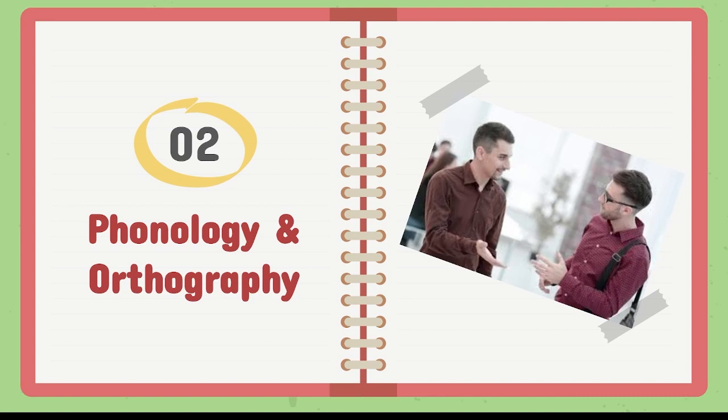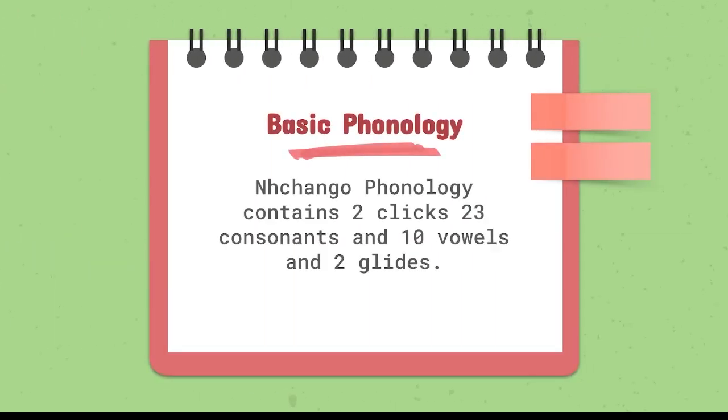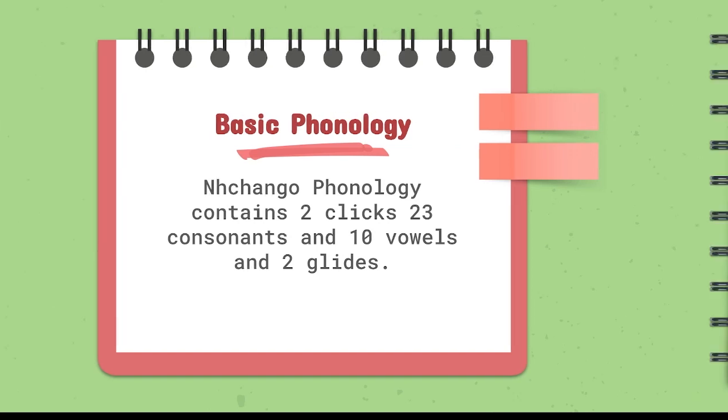Now let's go over the phonology and orthography of Nhchango. Nhchango phonology contains 2 clicks, 23 consonants, 10 vowels, and 2 glides.